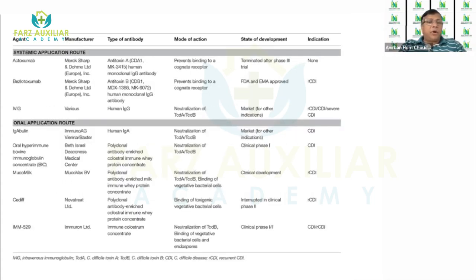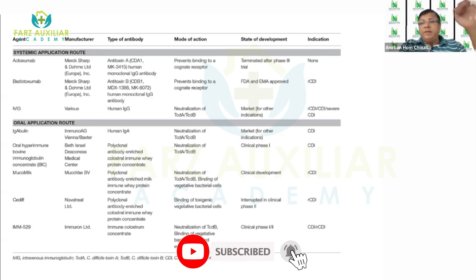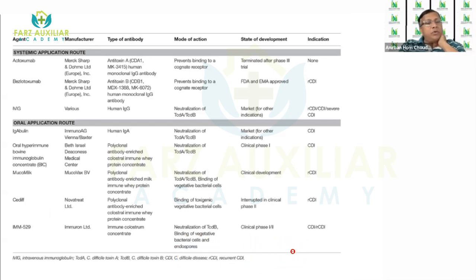This chart is very important. If you can go through it once, it will help you to gain a little bit of superficially spread knowledge about those individual therapies, whether it is actoxumab or bezlotoxumab or IVIG, as against the oral application routes of IG, albumin, and so on, because their mode of action is slightly different.